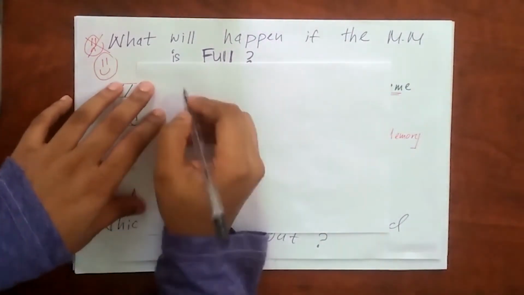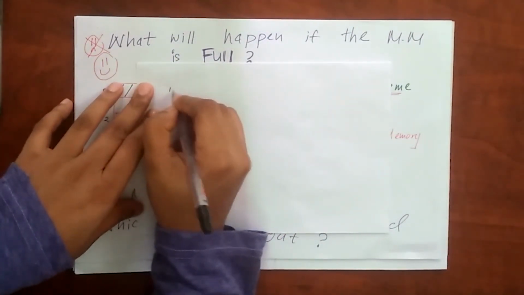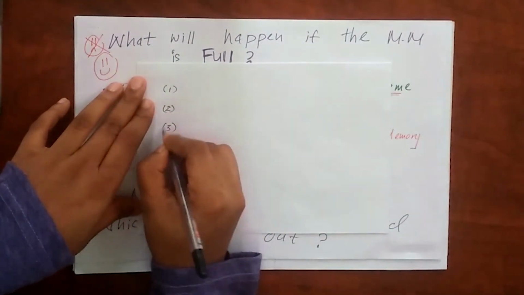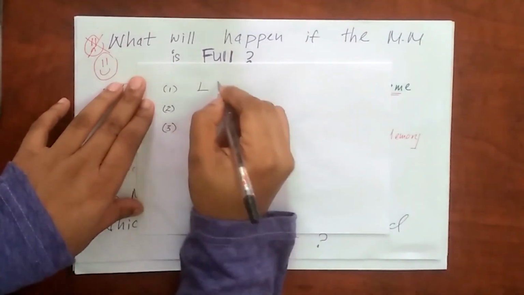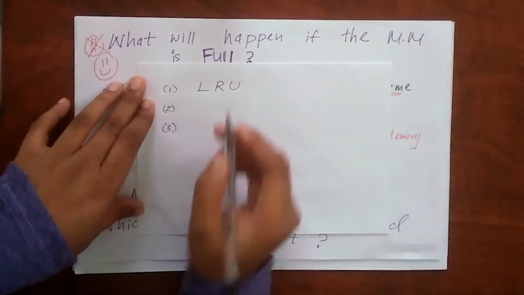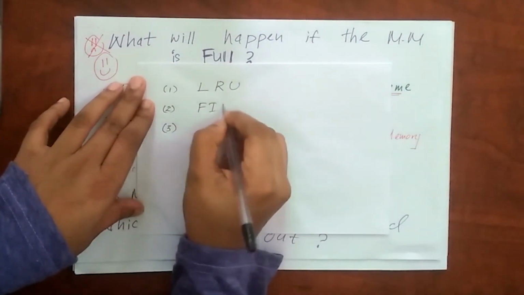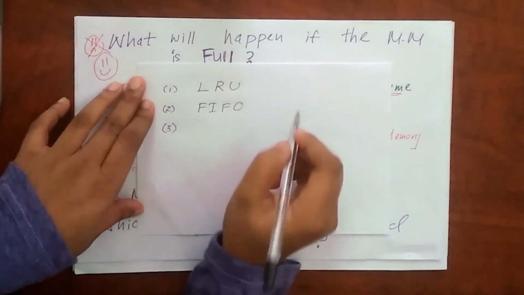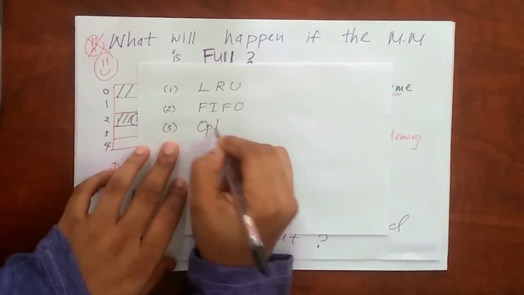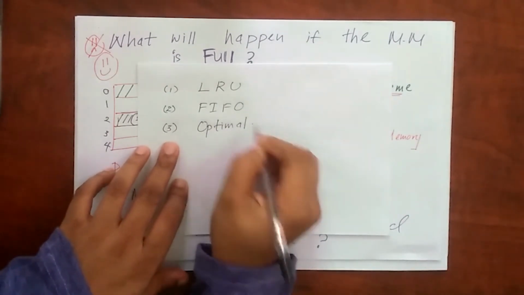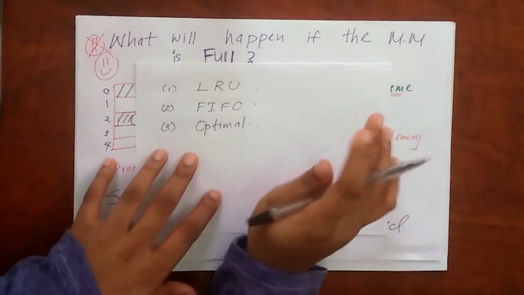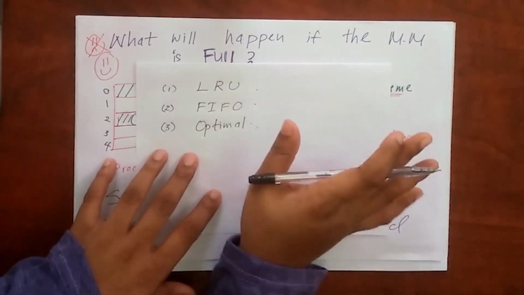There are three main algorithms that I'm going to discuss: the least recently used page replacement algorithm, the first in first out page replacement algorithm, and finally the optimal page replacement algorithm. I'm going to discuss these three in separate videos.